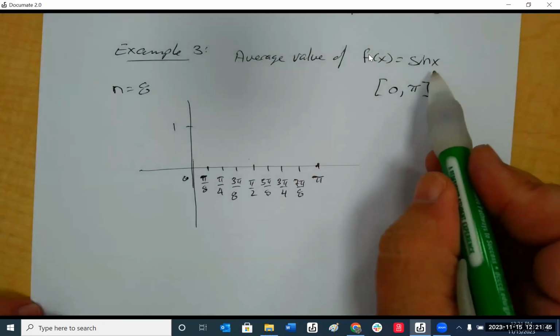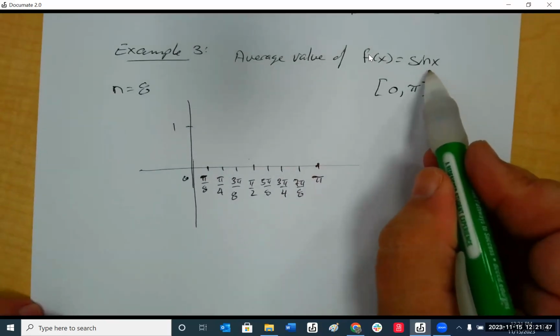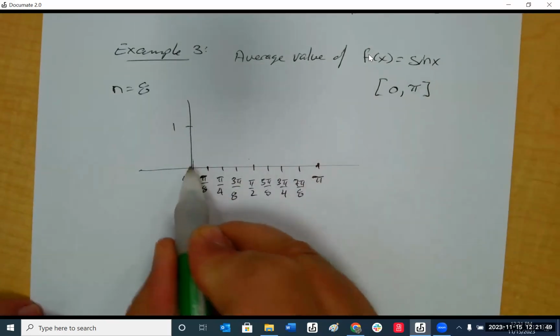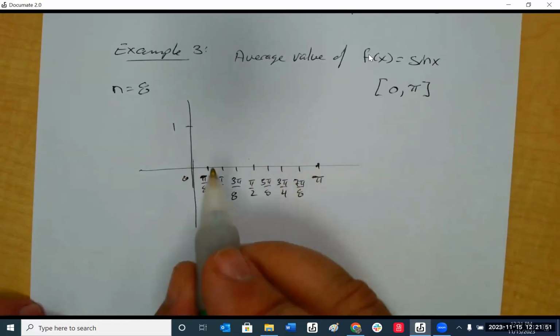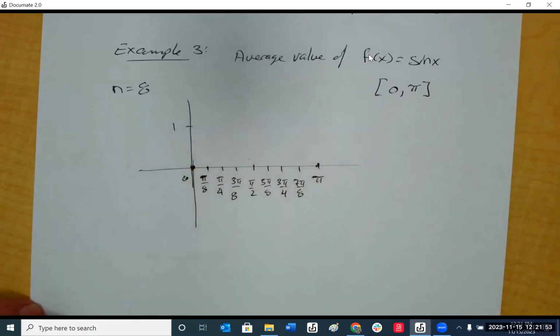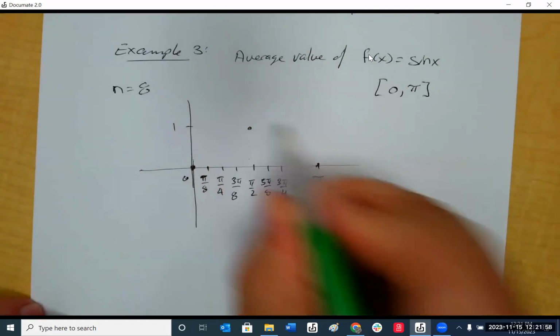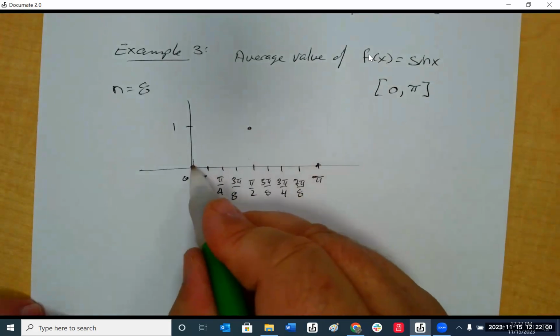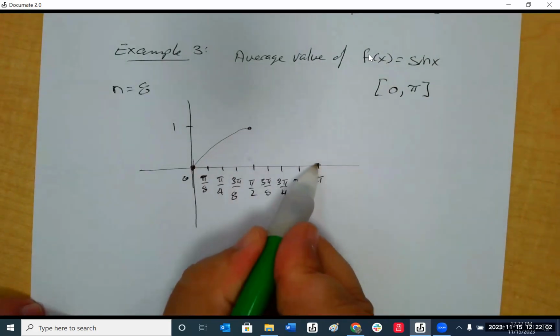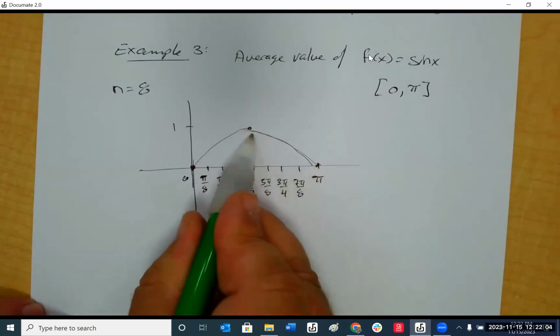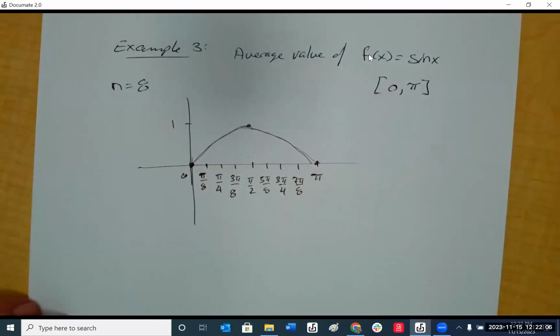And we're looking at the sine function. Sine at 0 is 0. Sine at pi over 2 is 1. And sine at pi is 0. So we're just looking at this semi-dome.